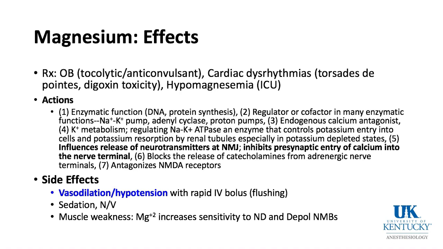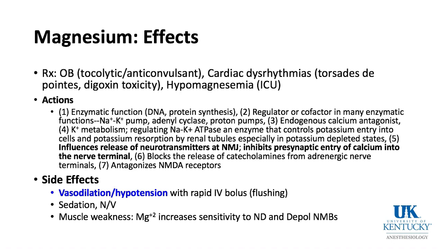So if you're trying to replace potassium in someone and their magnesium is low also, you need to replace both of them. Magnesium influences the release of neurotransmitters at the neuromuscular junction. It has a presynaptic effect, just the opposite of calcium.